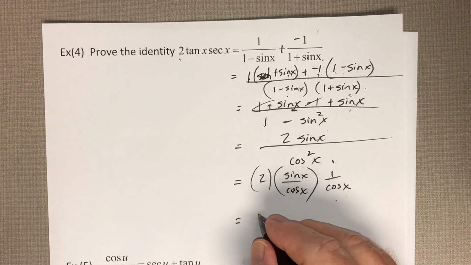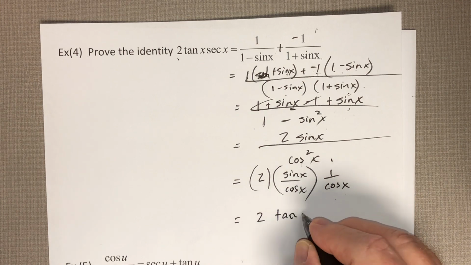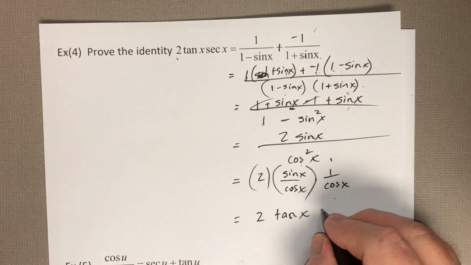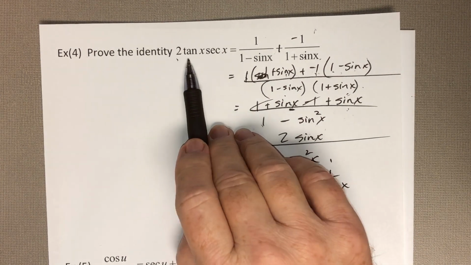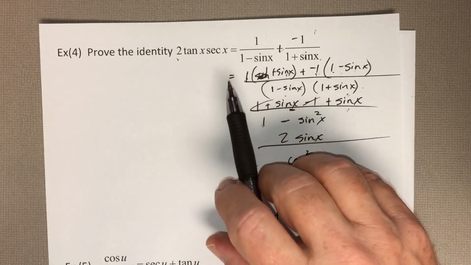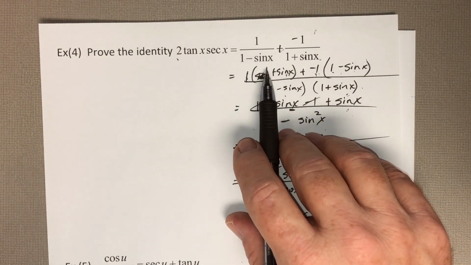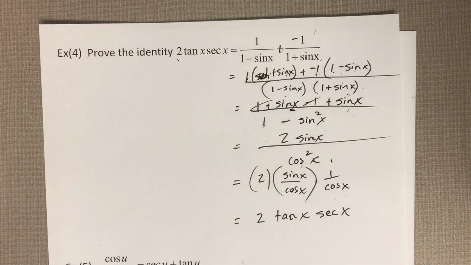So I can then say that this is equal to 2 times the tangent of x, all right, times the secant of x. And I have just proven that 2 times the tangent of x times the secant of x is equal to 1 divided by 1 minus the sine of x minus 1 divided by 1 plus the sine of x.